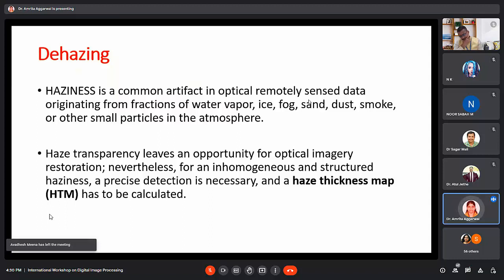It does not only have water vapor and dust particles, but it also has chemical traces, which makes the visibility even poorer. So if there is smog over an area and you try to capture the imagery, you can definitely not capture it, because artificial elements like chemical gases will only absorb light. They will not allow light to pass through them and reach the ground, due to which you will not be able to capture good imageries.